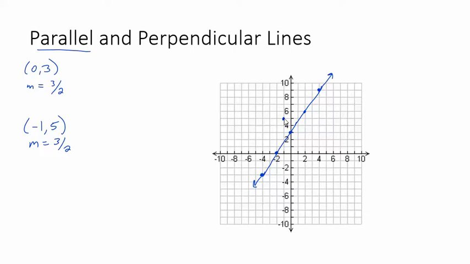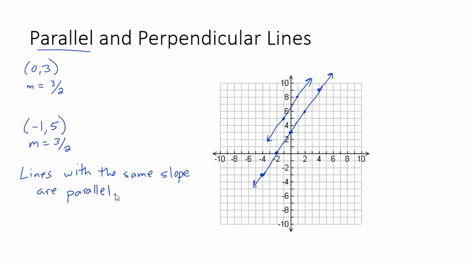So if I start at this point and go up 3 over 2, I'm going to run off the board there, or down 3, left 2, I'm going to get a line that's parallel to this line. So lines with the same slope are parallel. Oops, I forgot an R for parallel.